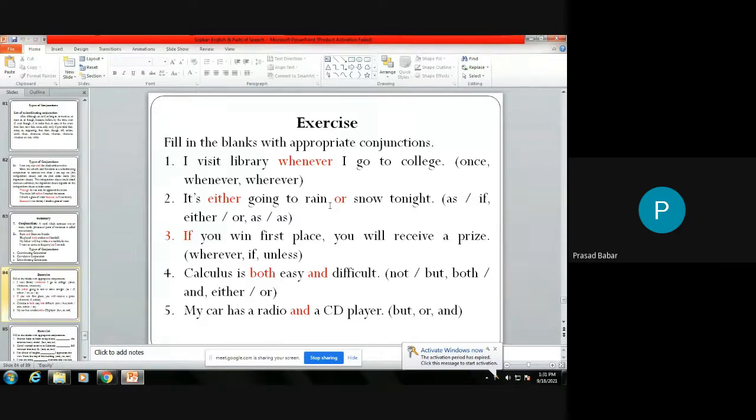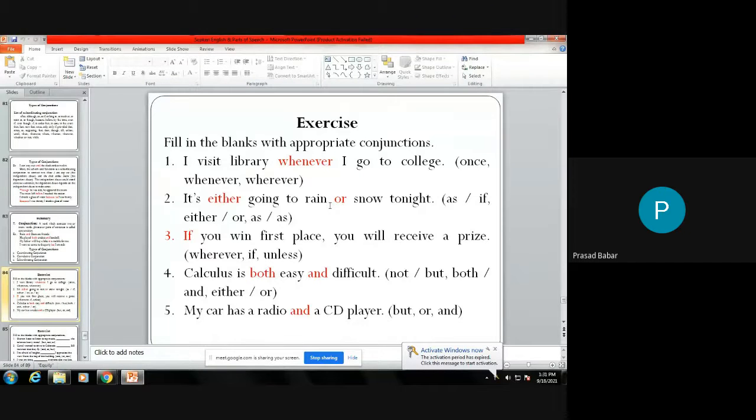If here is used as a subordinating conjunction, because there is a condition in this example. If you win the first place is the condition, and its effect is you will receive a prize.